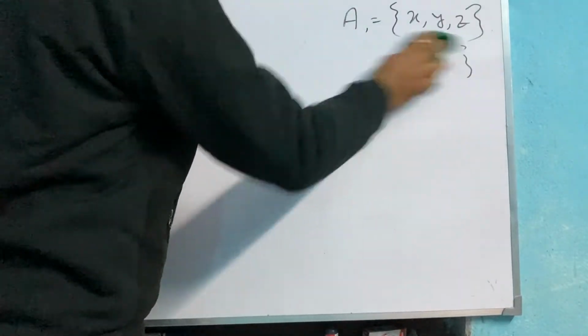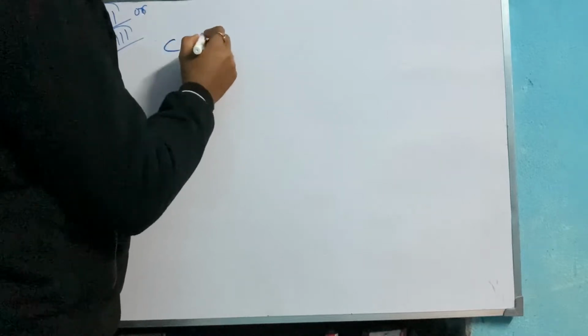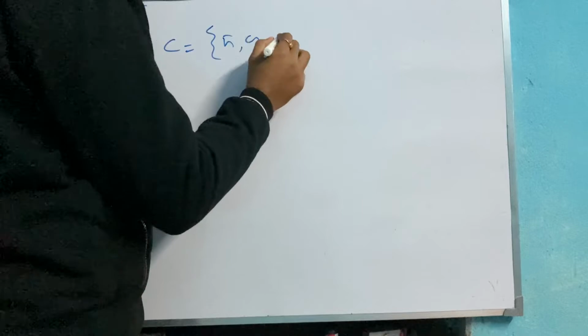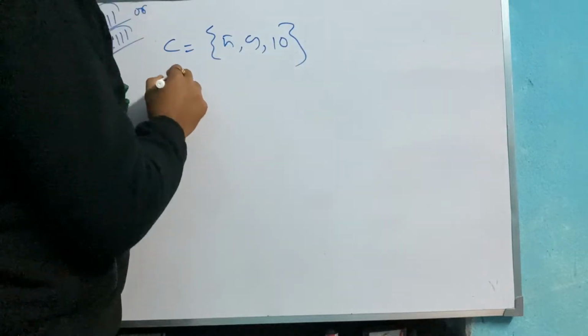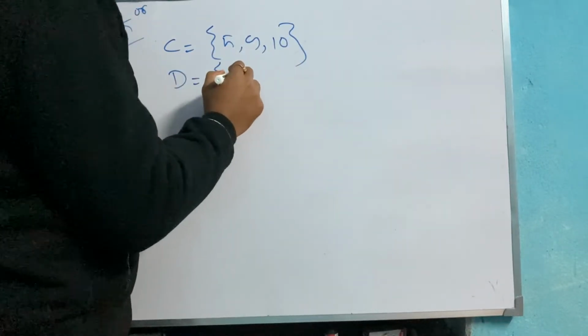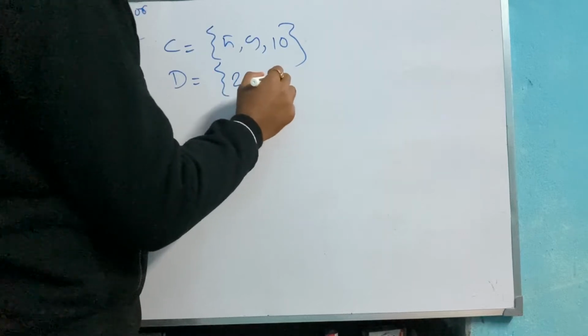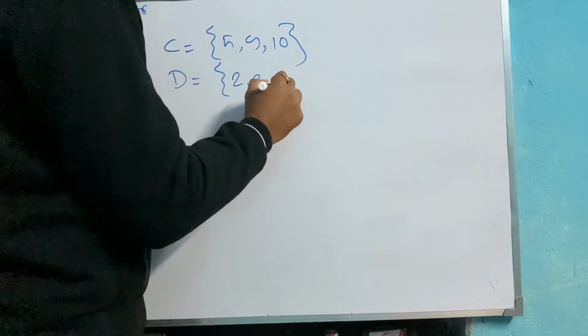What is the union of two sets? Let's do it on your paper. Say a set C equals 5, 9, 10 and set D equals 2, 3, 6.